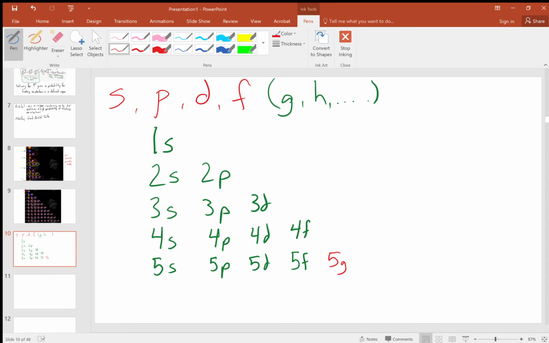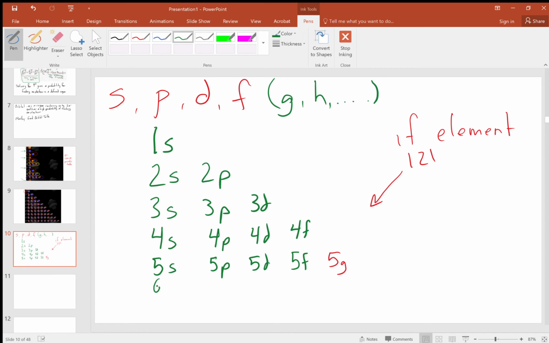There's no elements that involve the 5g orbital for any of their electrons. But if element 121 is synthesized someday, then that would be the first example of an element where the 5g would become relevant. But for now, let's continue with what is relevant.